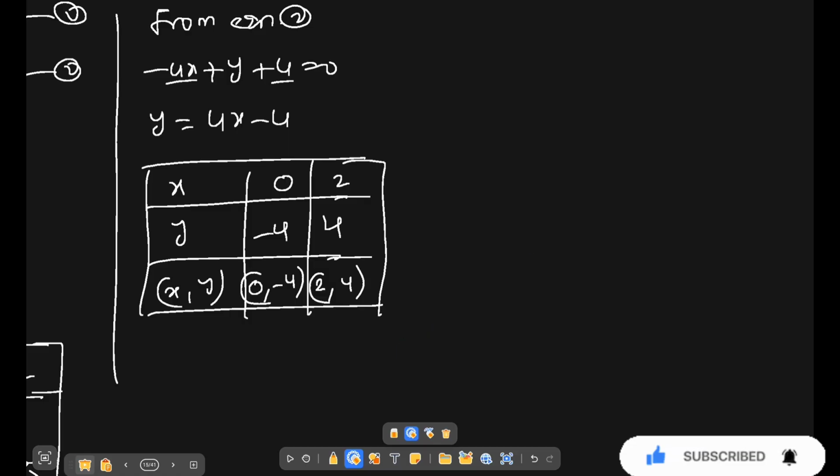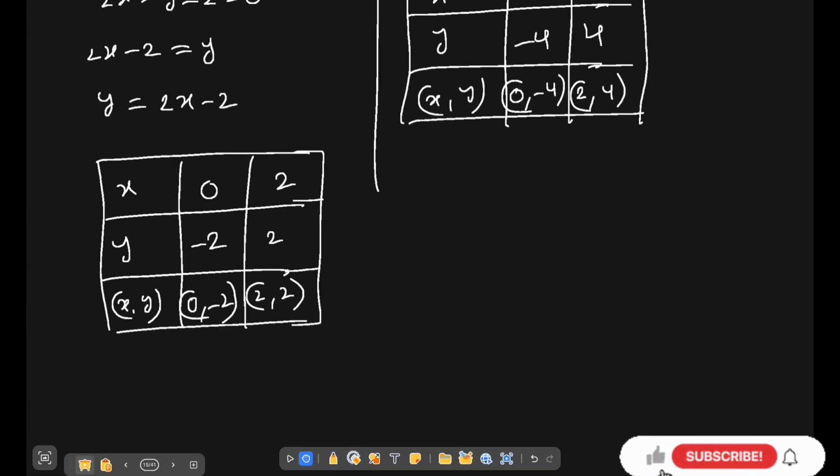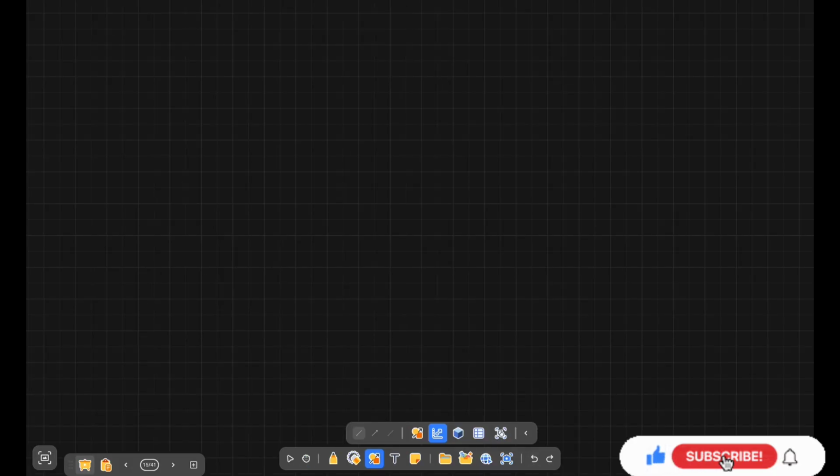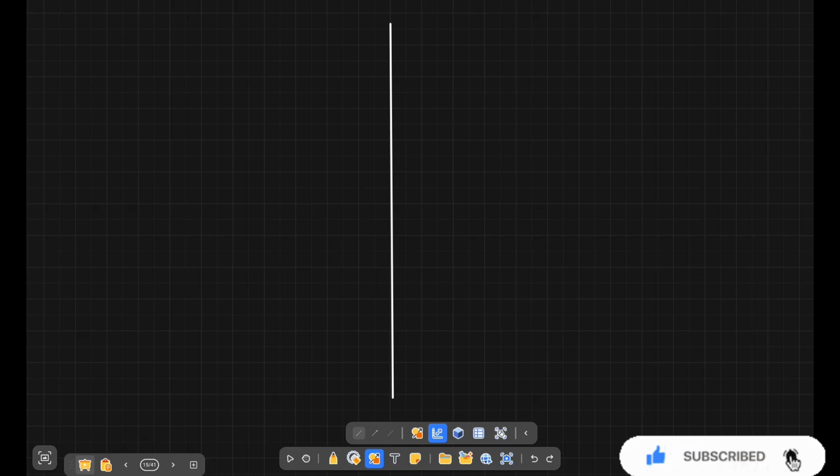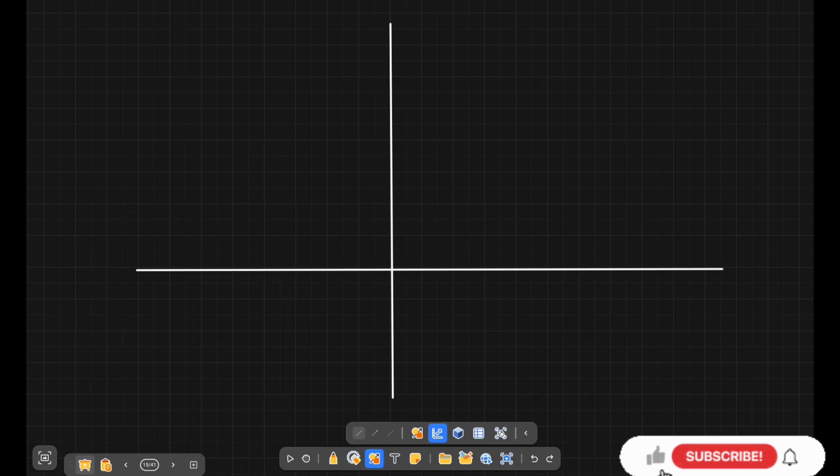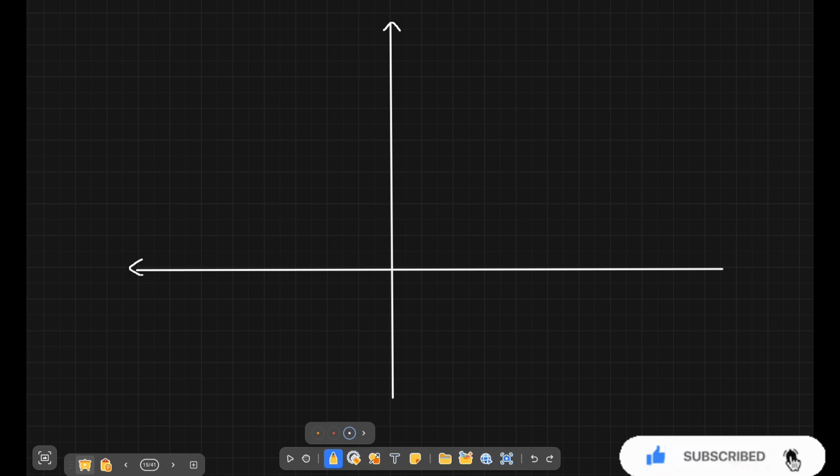Let's take the graph sheet. So here 0, 1, 2, 3, 4, 5, 6, 7.